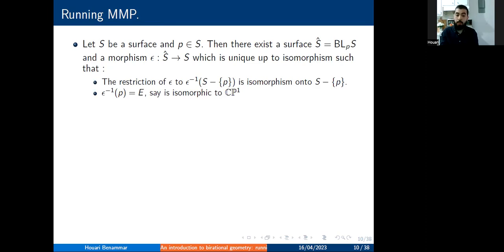That means outside this point we have the same set. Okay, but at the point we have the exceptional divisor. And we can see that this exceptional divisor is CP^1 because we take the blow-up at a point. So we replace this point by CP^1.